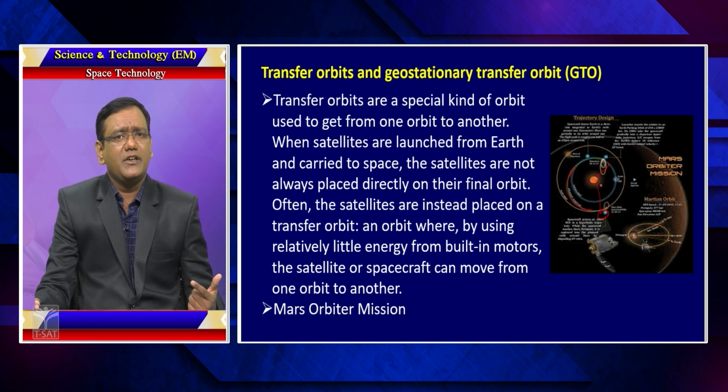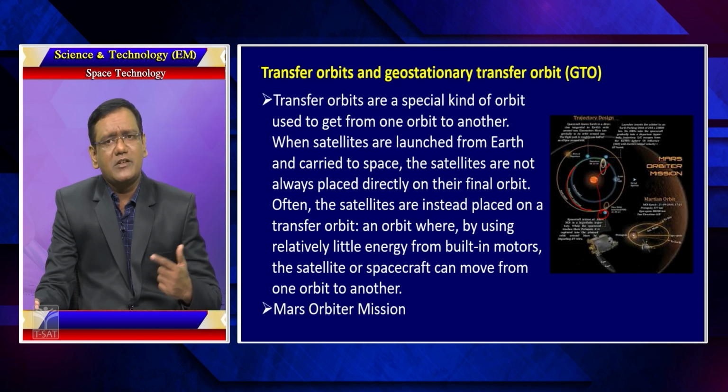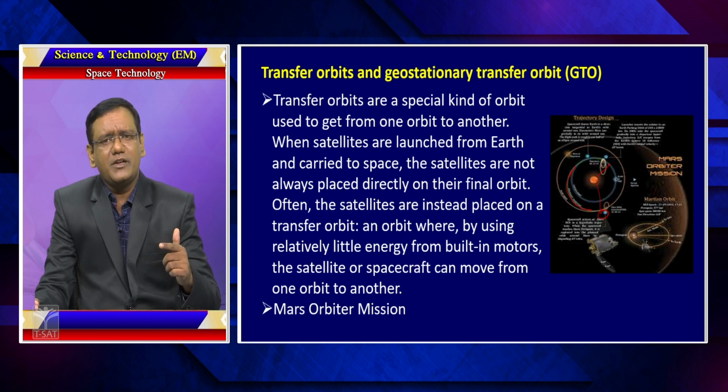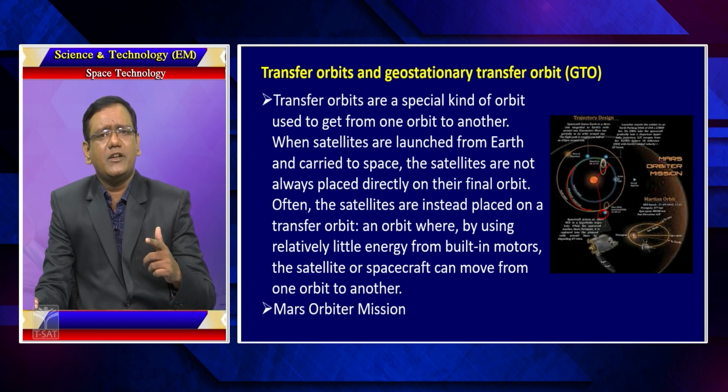That's the reason why we need to use a different technique to send it from one place to another, and from there you increase the speed, then you take it to a different level.